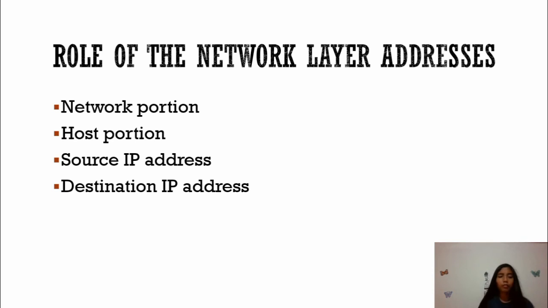And for the source IP address, it is the IP address of the sending device, where we'll send something from.